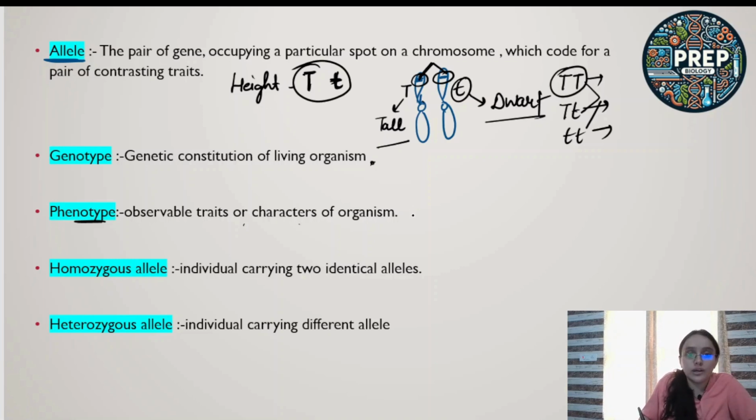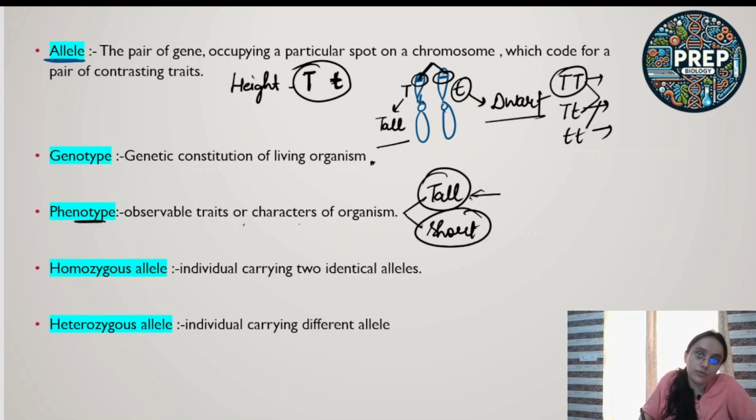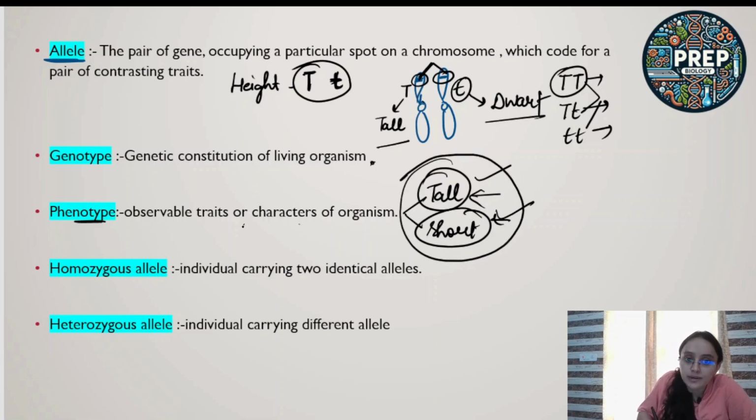Like he is tall or he is short. By outer appearance we can say he is tall and he is short. The observable traits or characters of organisms that are visible on the outside are called the phenotype.